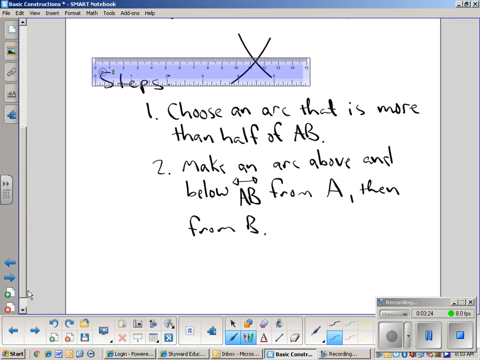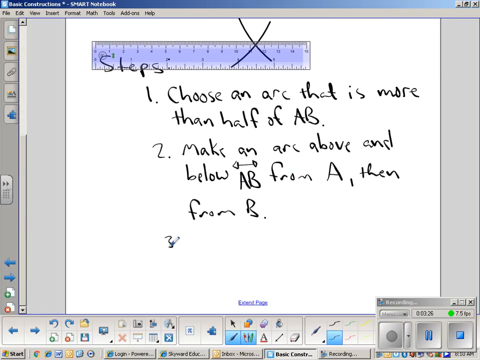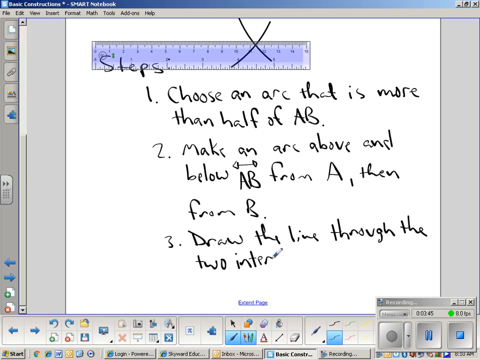All right? So step 3, the final step, is draw the line through the two intersections. Oops, there.